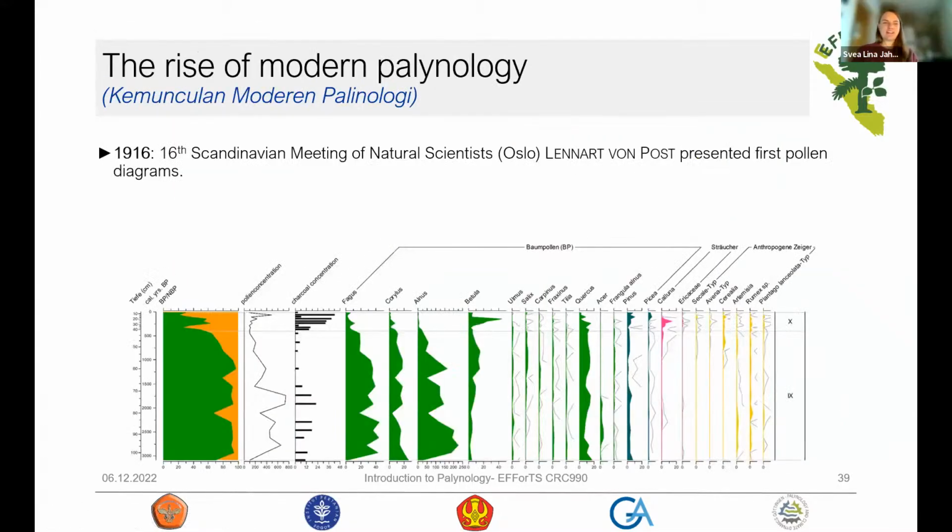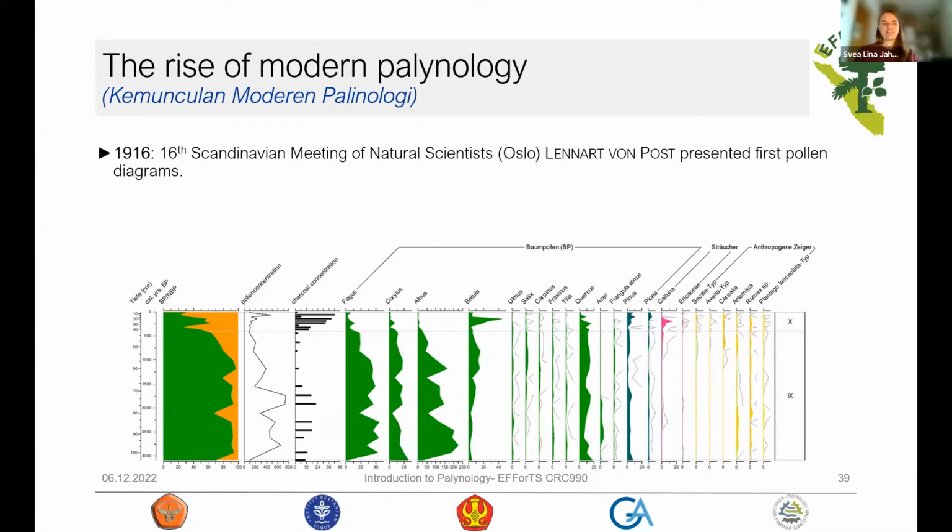But enough about identification now. Maybe let's get back to palynology in general and how to use palynology. But I should start off actually with how modern palynology came to pass, because nowadays we work quite differently to what we saw from the 18th century with how they worked with the new lens.